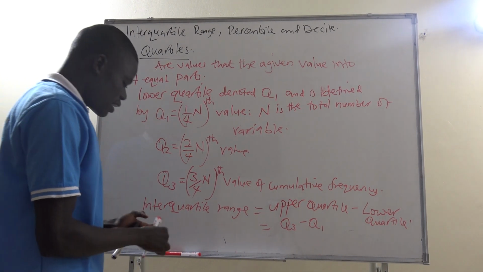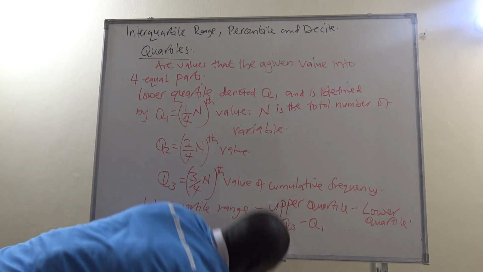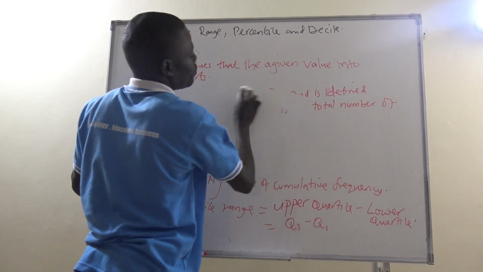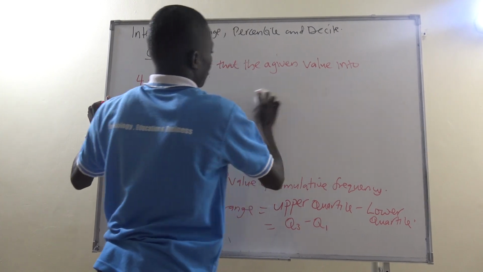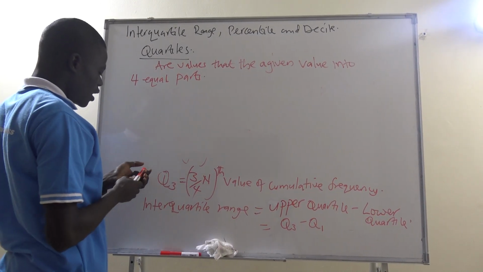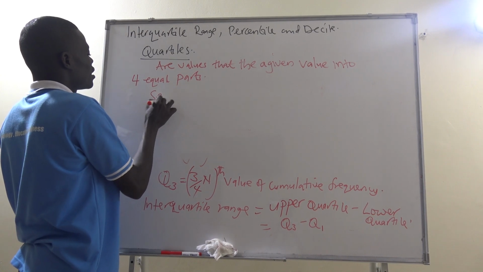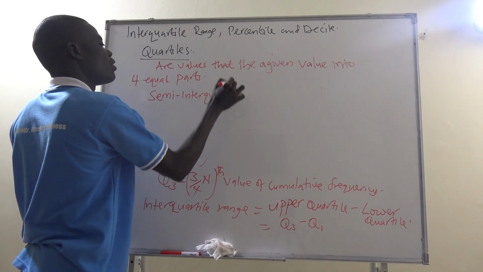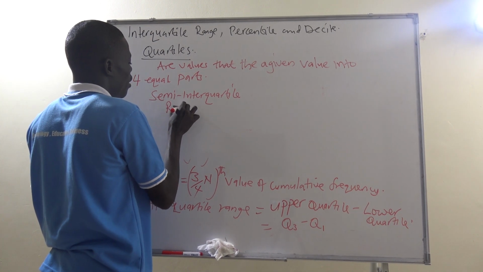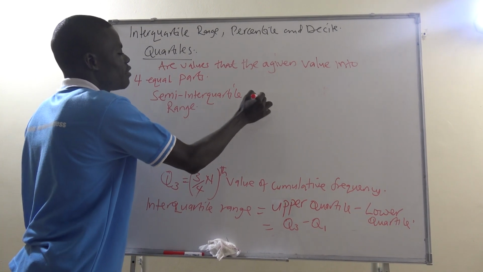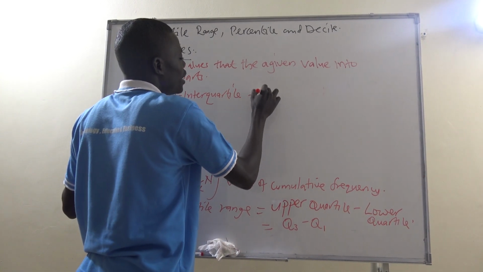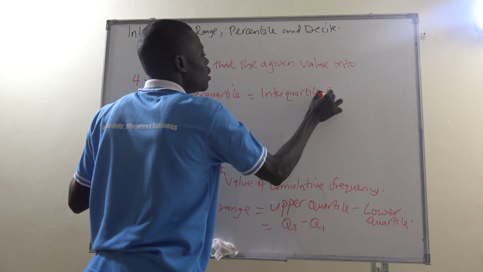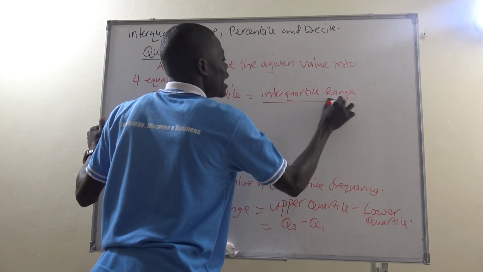Then if you want to get the semi-interquartile range, it is given by half of the interquartile range, or the interquartile range divided by 2.